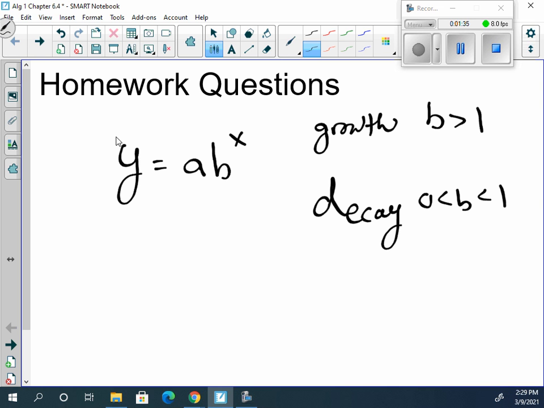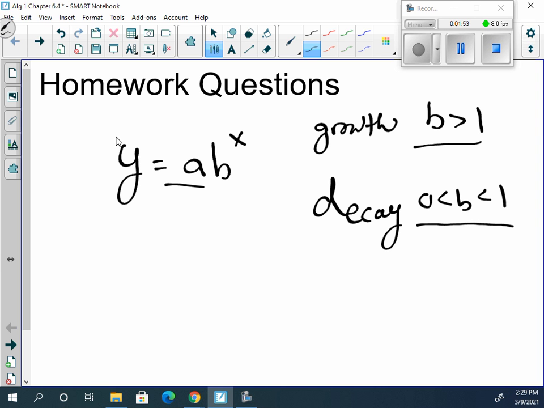But both of these are considered exponential functions, growth or decay. So anytime we have a function in this form here, where b is either greater than 1 or between 0 and 1, it's considered an exponential.